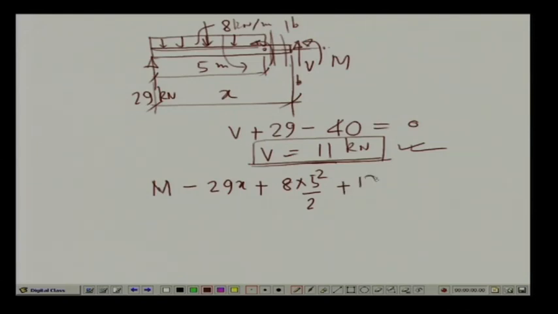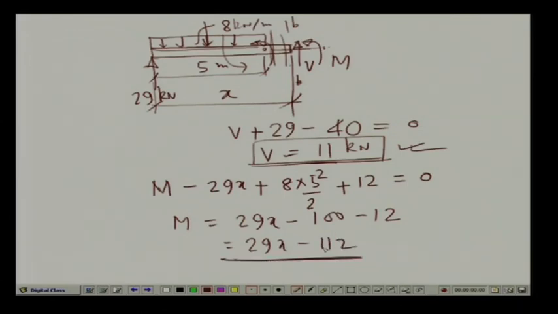So, this is 12, this is equals to 0. Now, from this we have M is equals to 29 x minus 100 minus 12. So, this gives us a value of 29 x minus 112.